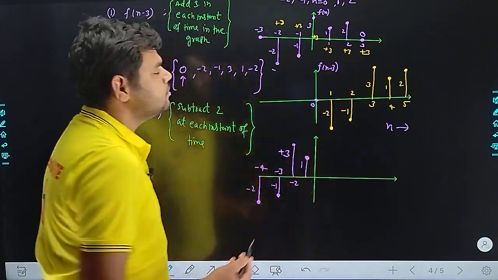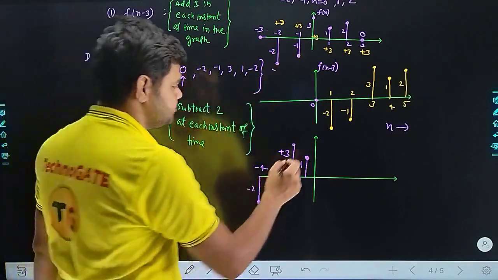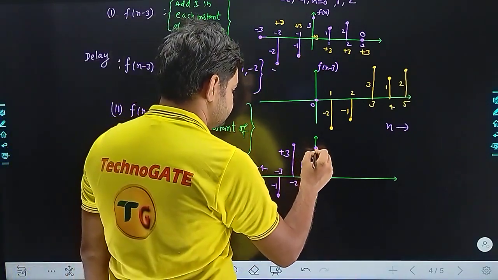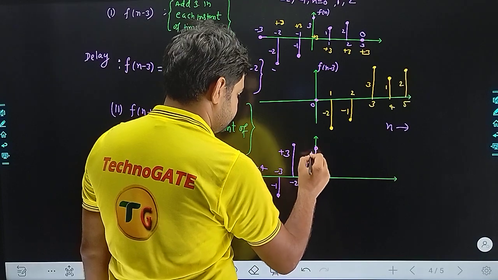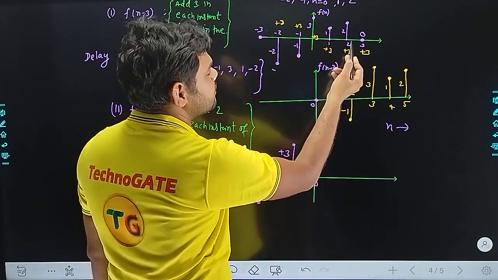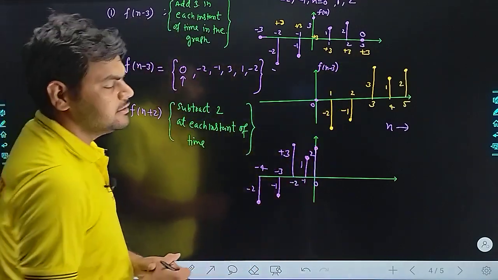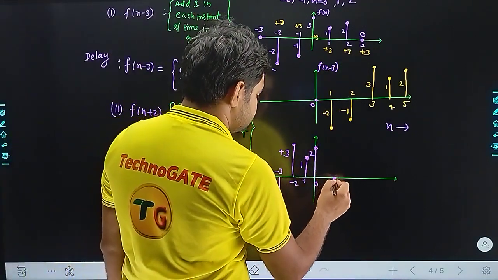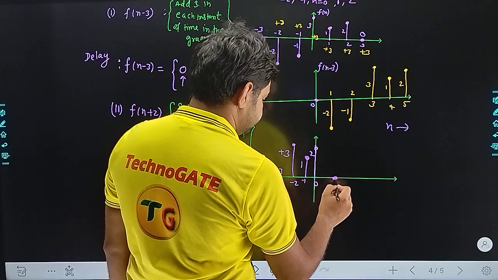At n is equal to 2 sample will reach at 0 with sample value 2. And n is equal to 3, which is 0 sample, of course, will reach here, 1.